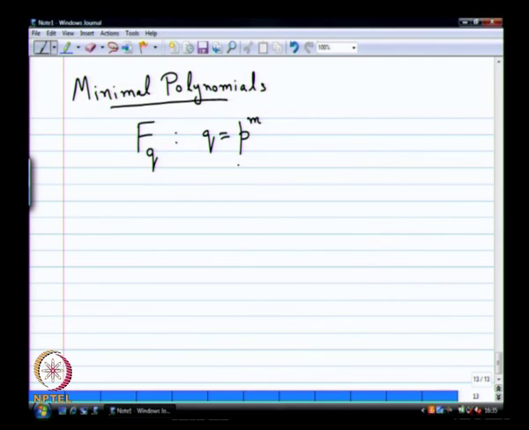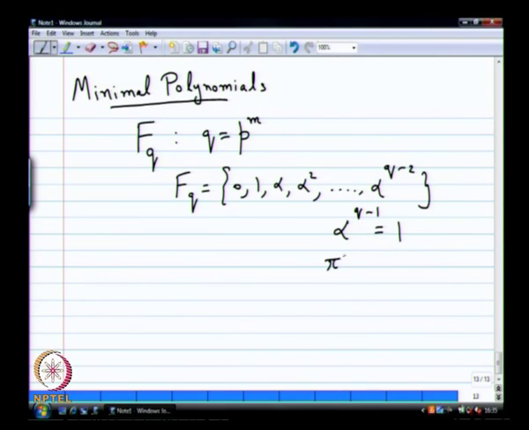So F_q is the field, and as usual, we have a primitive element alpha. So, we write 0, 1, alpha, alpha squared, and so on, alpha to the power q minus 2, and alpha to the power q minus 1 is 1, and then pi of alpha is 0.